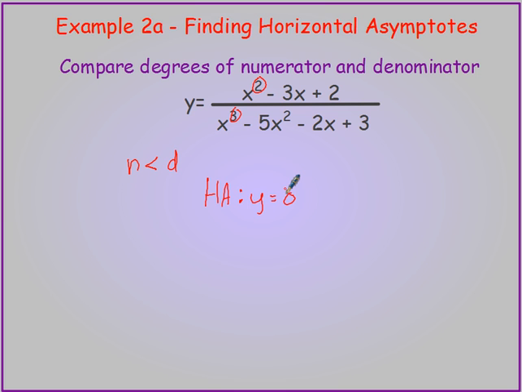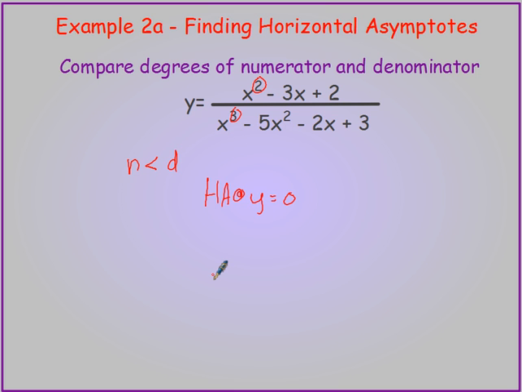Okay? So that I have an HA, you can put at. Does everybody understand how easy that was? That's all. So when I say find the horizontal asymptote, that's what you're doing.